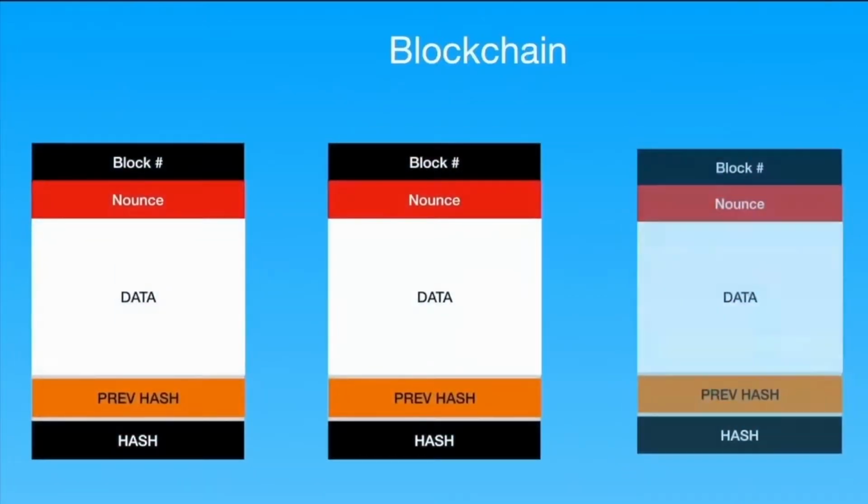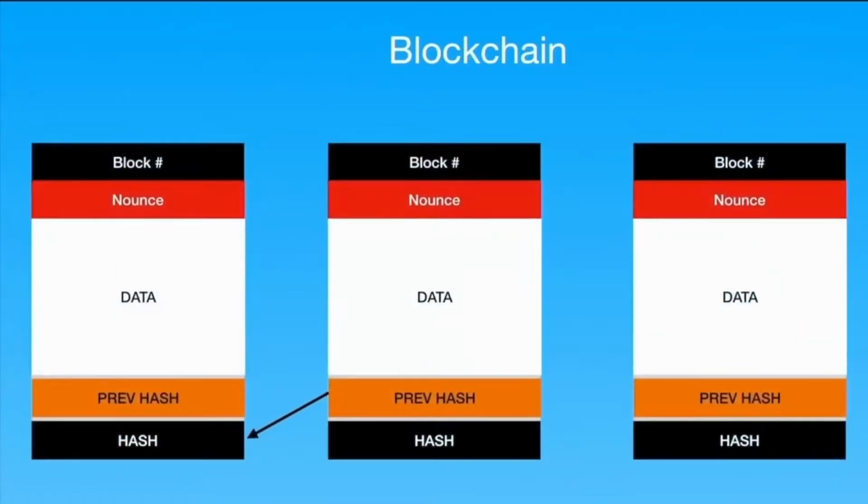Now we have an understanding of the block. Then what is blockchain? A blockchain is a group of blocks that are interconnected with each other. These blocks are linked together in the form of a linked list. So we have some information stored in this block, some in this block, and some in this block, and each of these blocks is interconnected with the previous block.